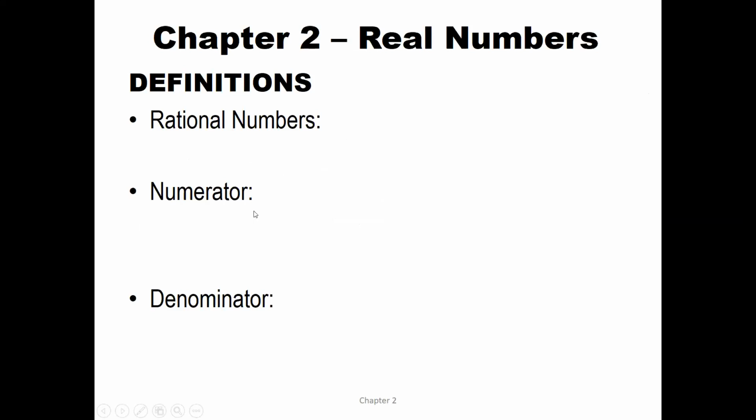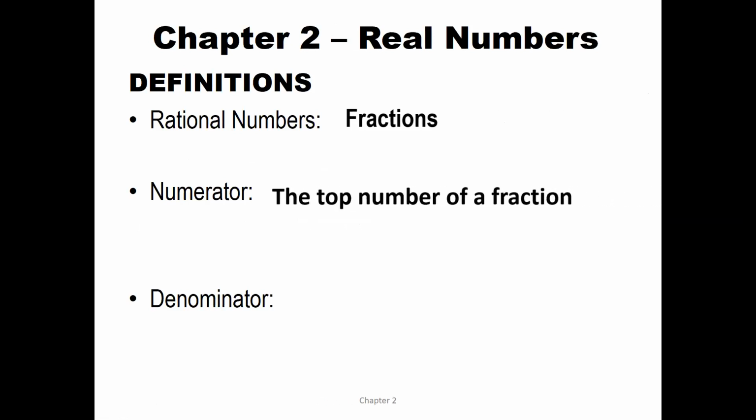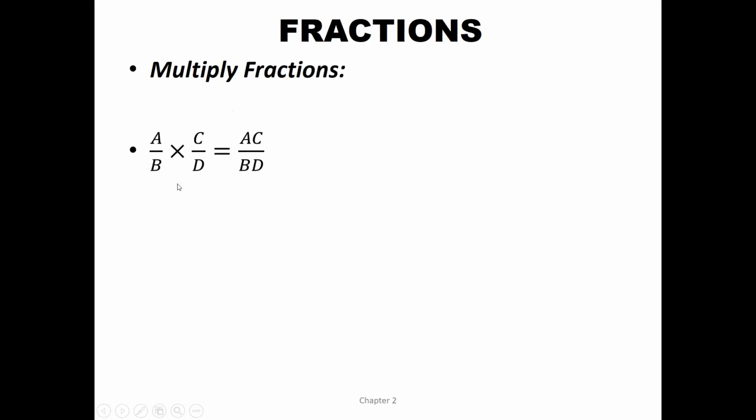Right, add some numbers, rational numbers. We have real numbers and we have rational numbers. Rational numbers are anything that can be expressed as a fraction. A fraction has two parts. The top number separated by a line from the bottom. The numerator is the top number. The denominator is the bottom.